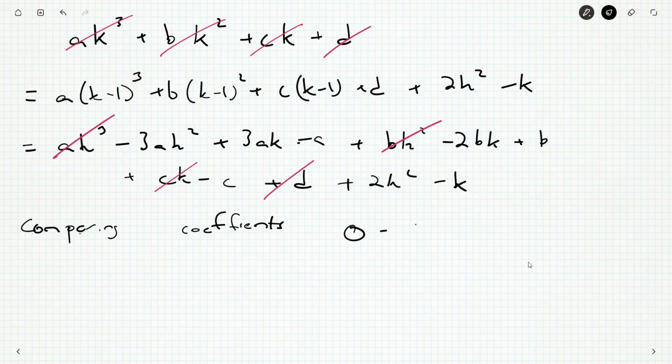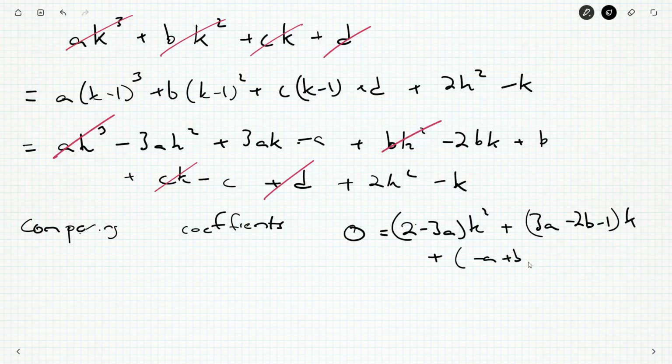So I'll keep it as is. (2 minus 3a)k squared plus (3a minus 2b minus 1)k plus (negative a plus b minus c). And it doesn't look like anyone cares about what the d is. We'll figure out the d later.